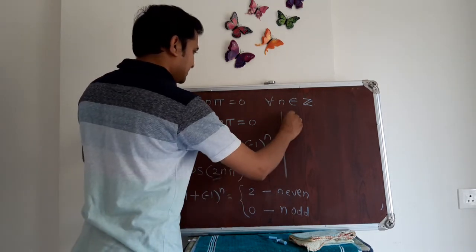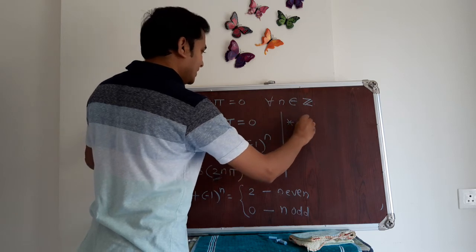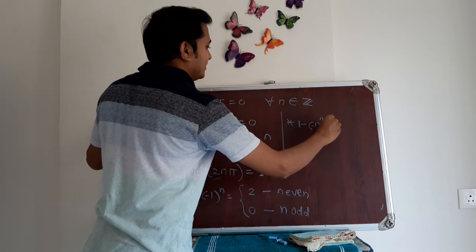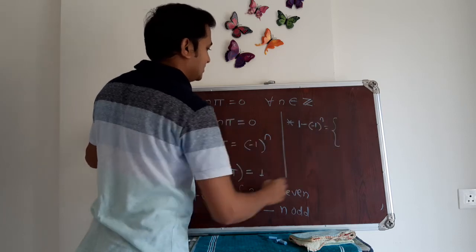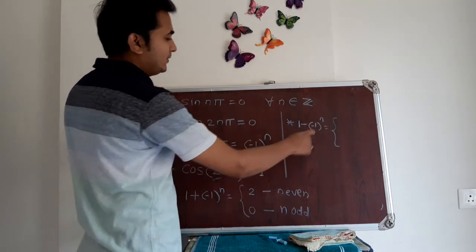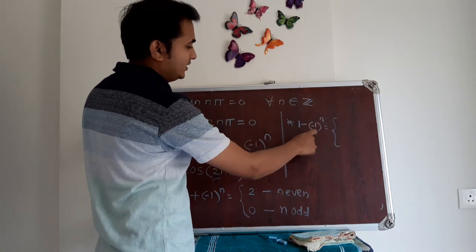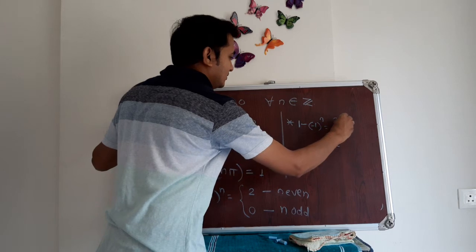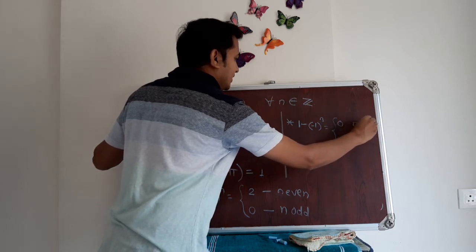And then at last, 1 minus minus 1 raised to n is, now if n is even, this becomes 1, 1 minus 1 becomes 0 for n even.